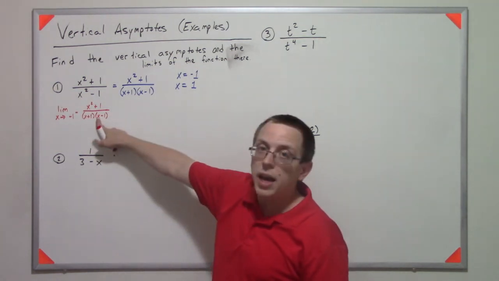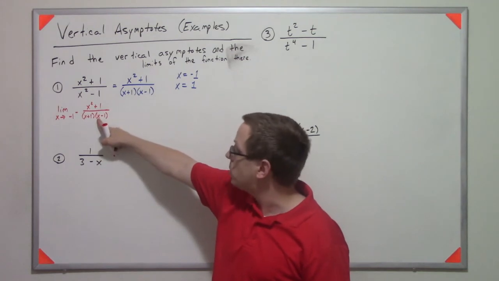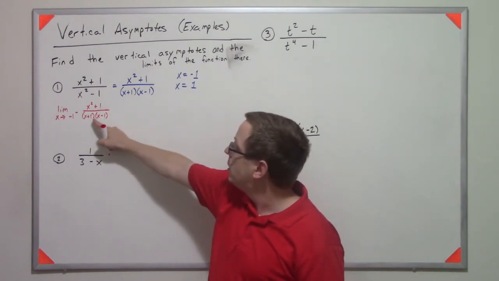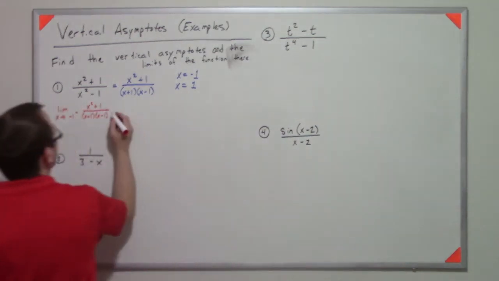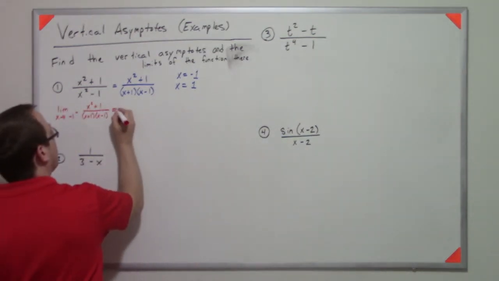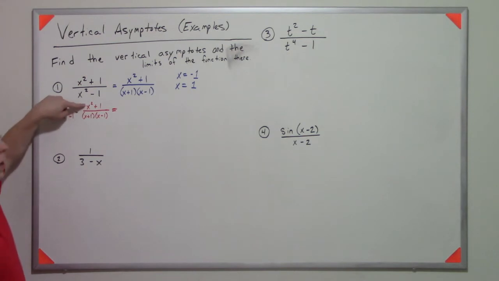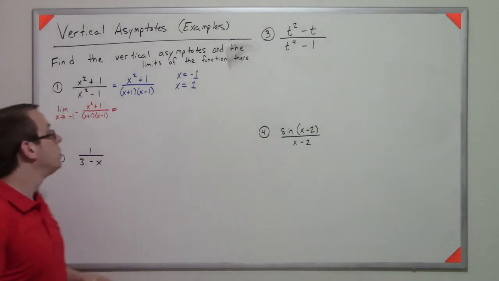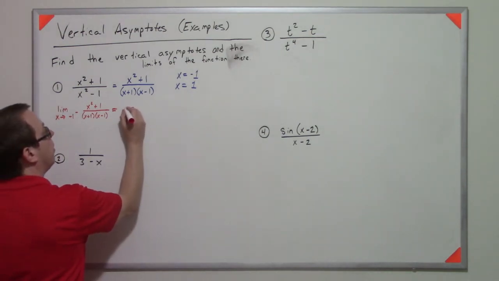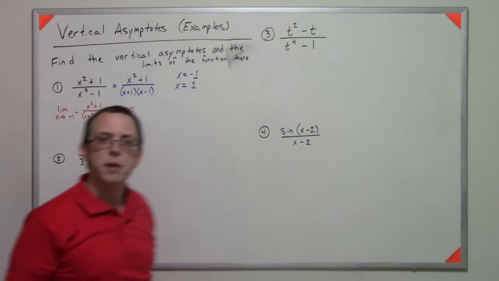If I plug in negative 2 over here, that's also negative. So negative times a negative is a positive. And up here, negative 2 squared is positive, plus 1 is positive, so we end up with positive infinity. Does that make sense?